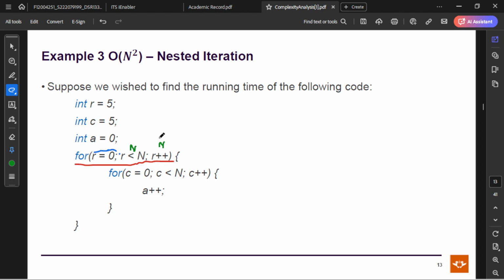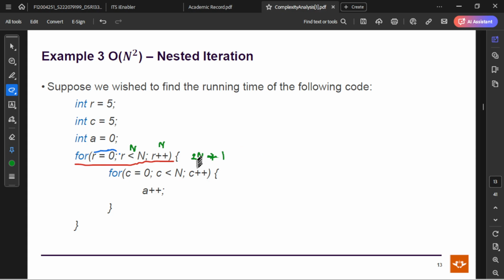This is 1 multiplied by n, which is n, and this is 1 multiplied by n, which is n. So on this line, we're going to have 2n plus 1, plus 1. Why? Because the i equals 0 happens once and once only.